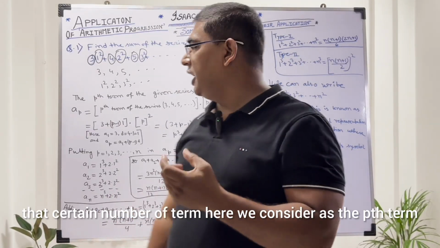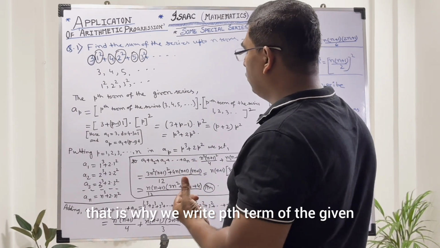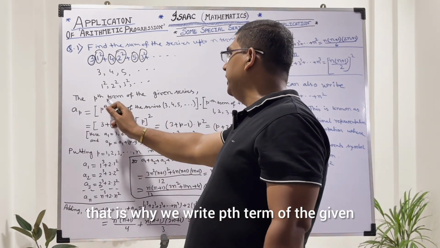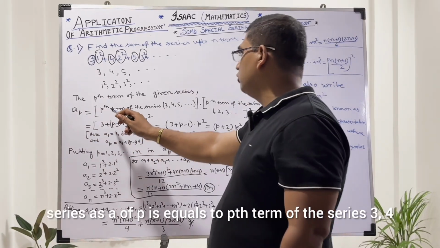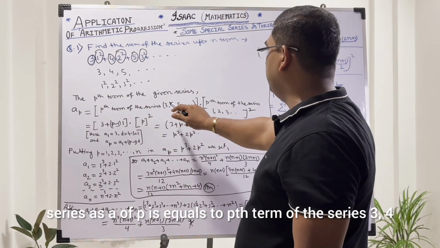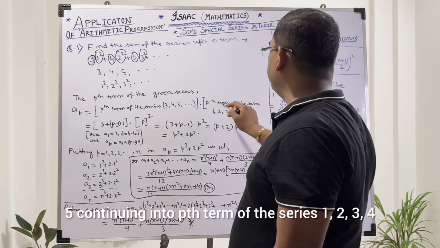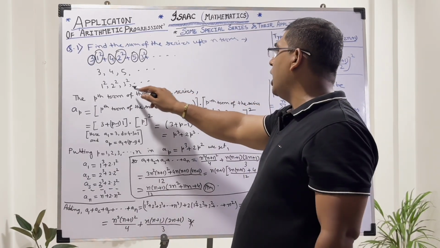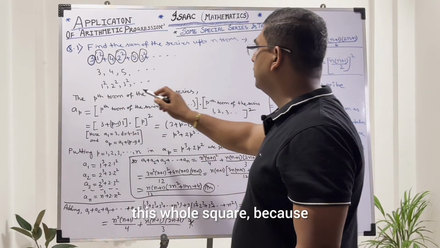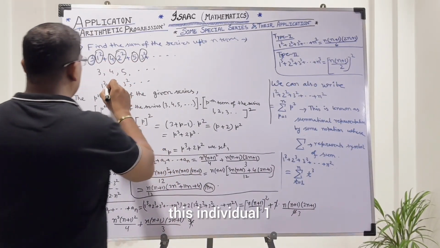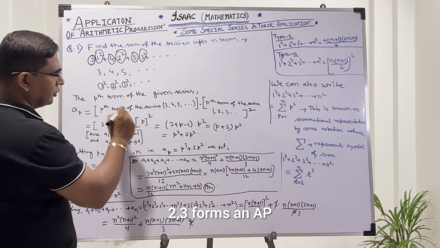And that certain term, here we consider as the pth term. That is why we write the pth term of the given series as A of p equals pth term of the series 3, 4, 5 continuing into pth term of the series 1, 2, 3, 4 whole square, because these individual 1, 2, 3 form an AP.